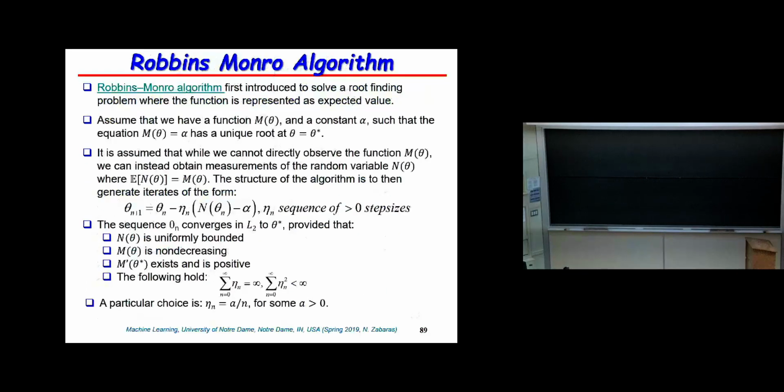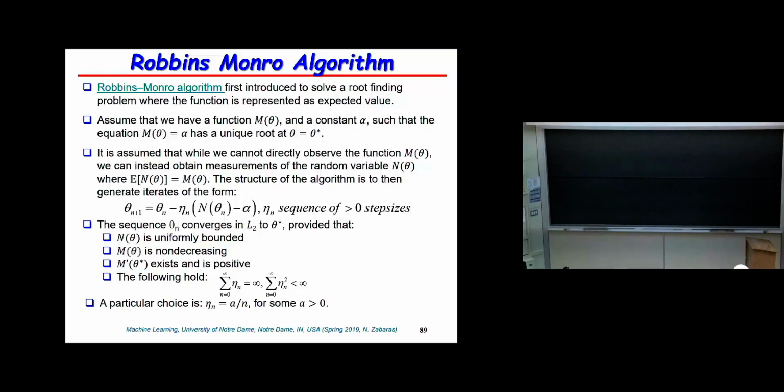So this algorithm, the way it was originally proposed, was not for doing optimization problems, but to find the root of noisy functions. What you see here, I cut and pasted from the original paper. Very rapidly, the definition is: you have a function m of theta, and you want to find the root of this equation, m of theta equal to some alpha. You want to find the zero of that equation.